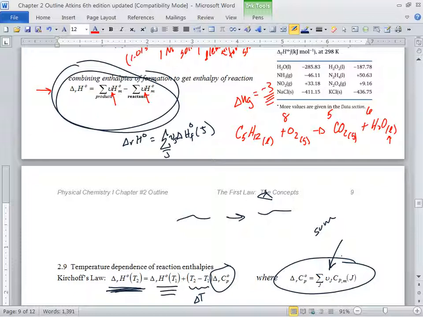If that J compound is a reactant, you look up the molar heat capacity at constant pressure for that reactant, and you have to multiply it by its stoichiometric number, but it's a reactant, so it's going to be a negative stoichiometric number. So that new J is kind of a complicated, ugly bugger, right? It's the stoichiometric number, but it's positive for products and negative for reactants.